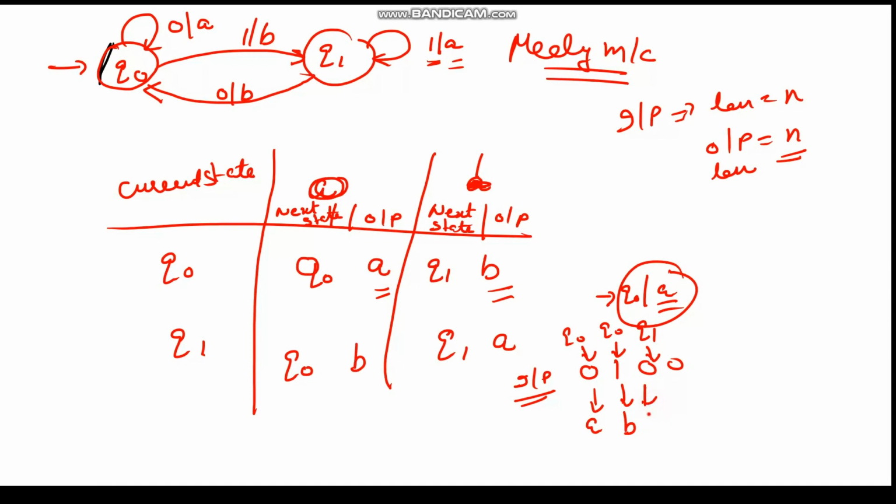So we will write b over here, and the next state is Q0. On Q0 we give the input 0, and we go to Q0 again, and the output will be a in this case. So the output is a, b, b, a for this Mealy machine.